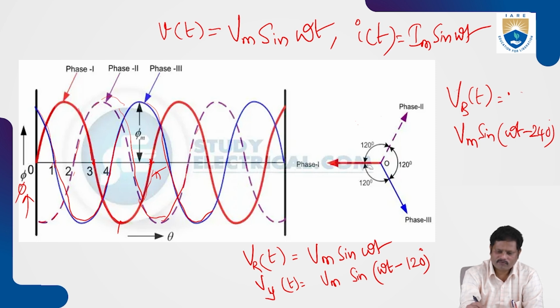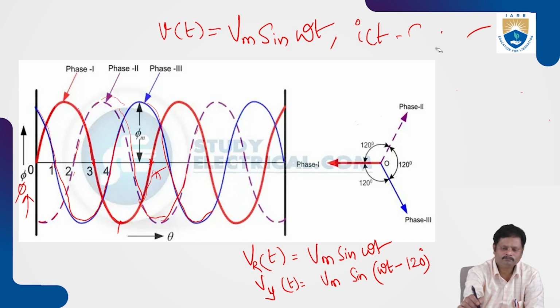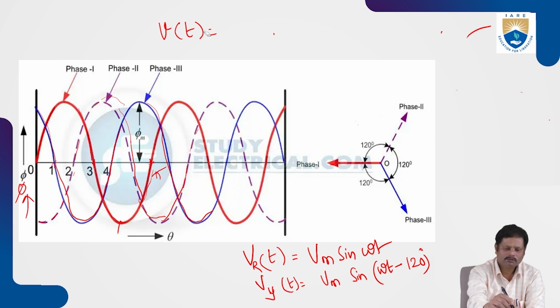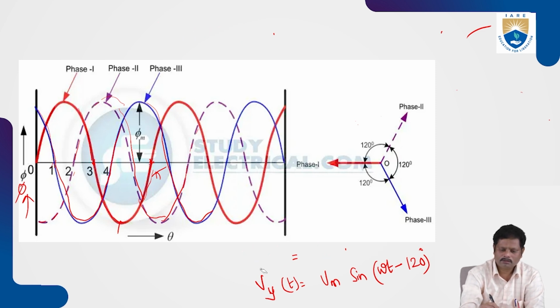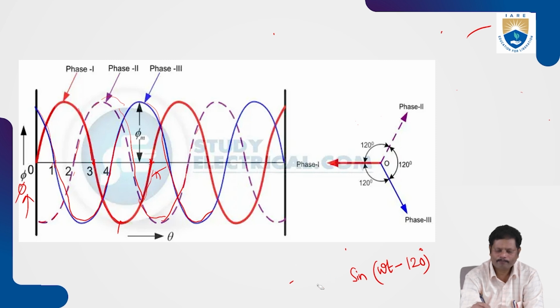Similarly, from phase 1 to phase 3, it is 120 plus 120, 240. So these are the expressions for generated EMF and voltage produced in a three-phase machine.